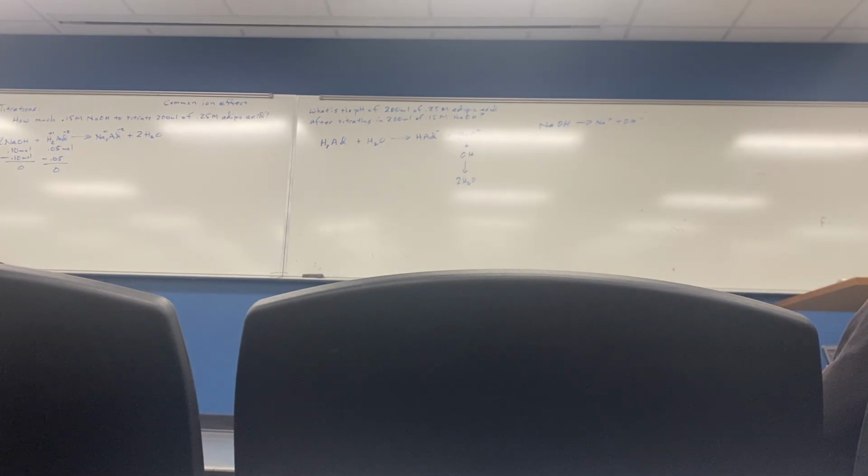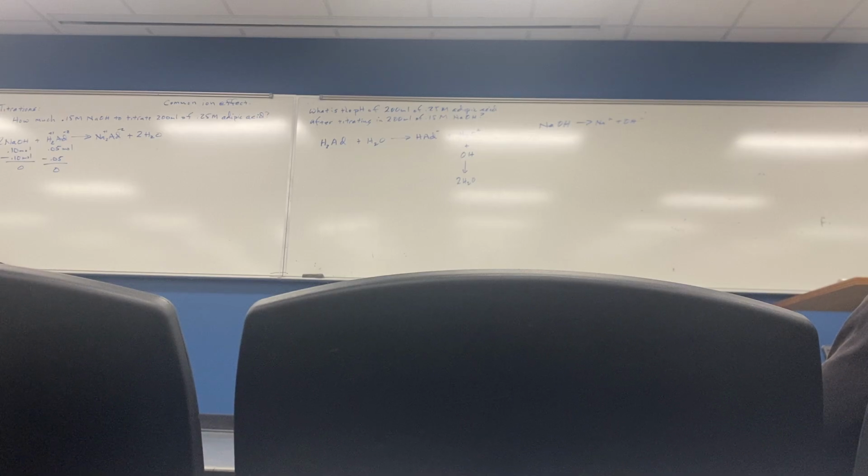What's that going to do to my reaction? According to Le Chatelier, what happens when I add the OH to this reaction? Oh, it can go forward. Can you see that I'm essentially removing H3O plus? And so I'm shifting the reaction towards products as I try to get rid of that OH.